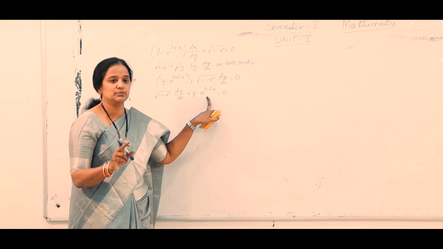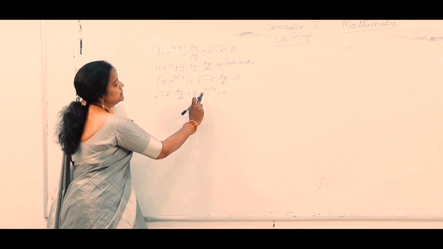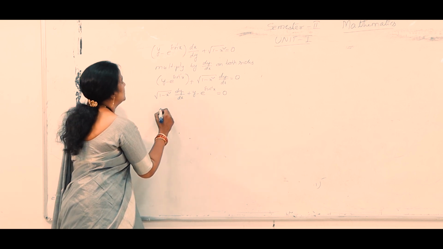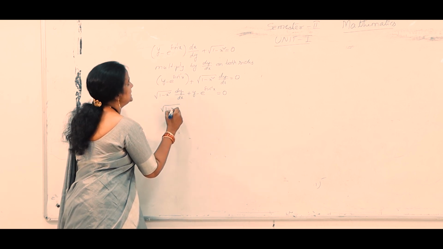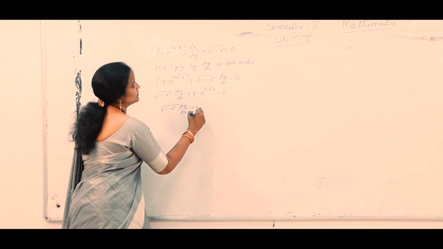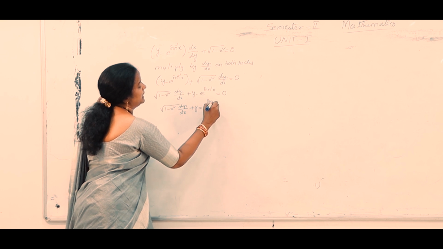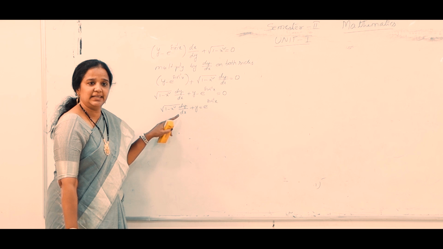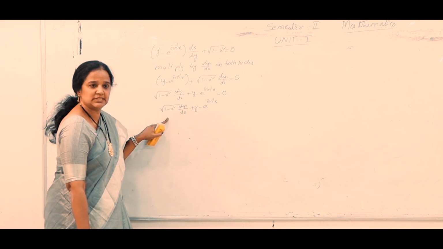So this is q of x, so we write it on the right side. So root of 1 minus x square into dy by dx plus y is equal to e power sin inverse x. Actually this is not a linear equation; one more term is there.